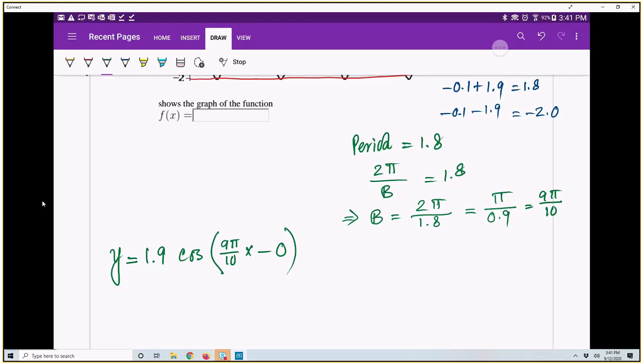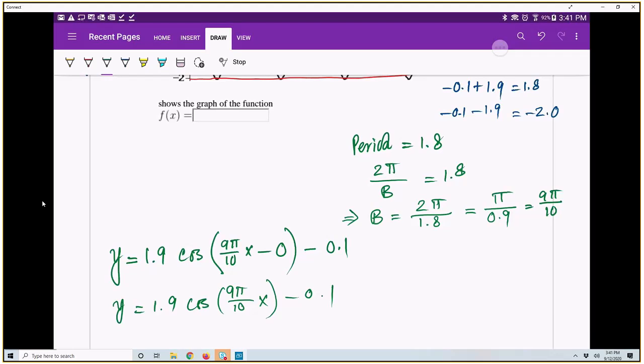Then it has a shift down by 0.1 units, so minus 0.1. So essentially I can write y is equal to 1.9 cosine 9 pi over 10 x minus 0.1, and that should be the final answer.